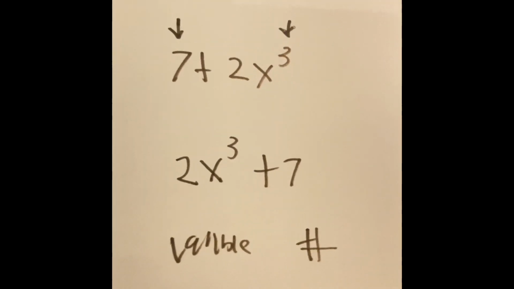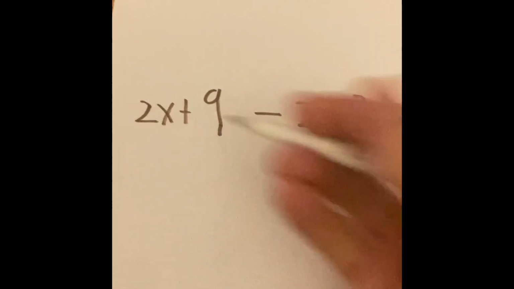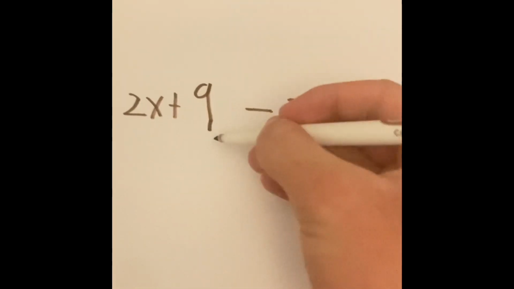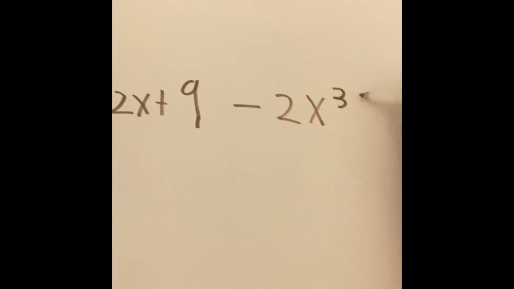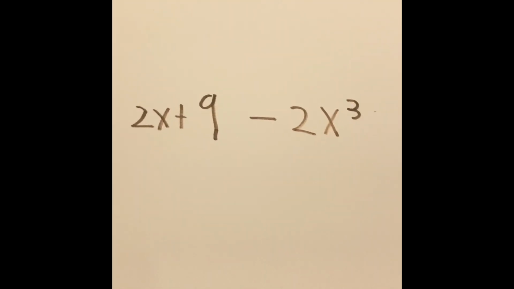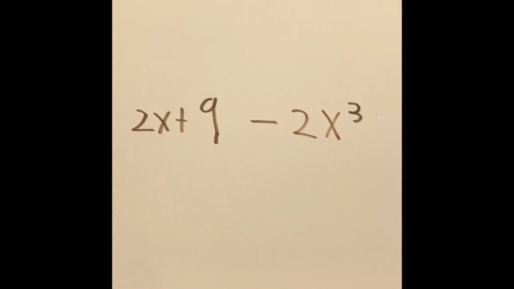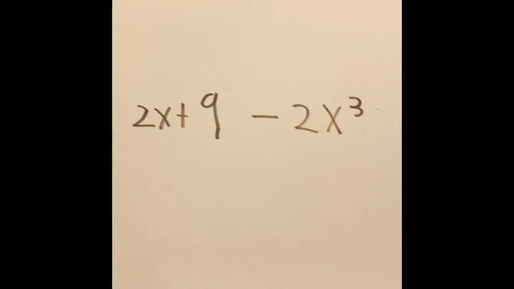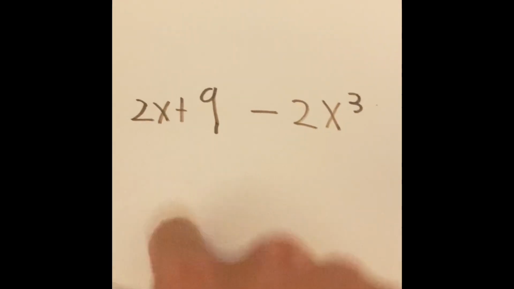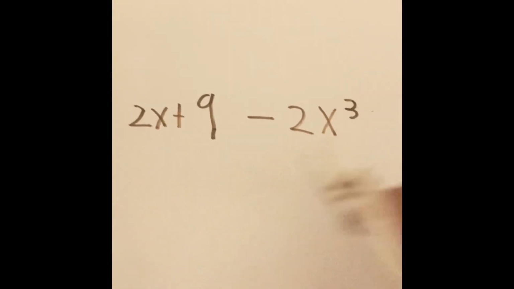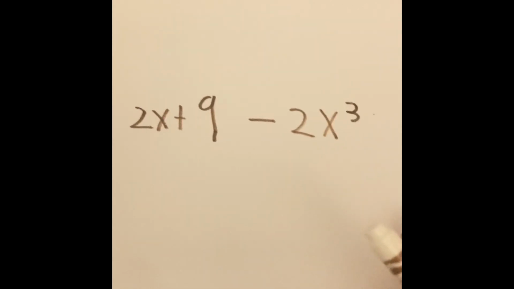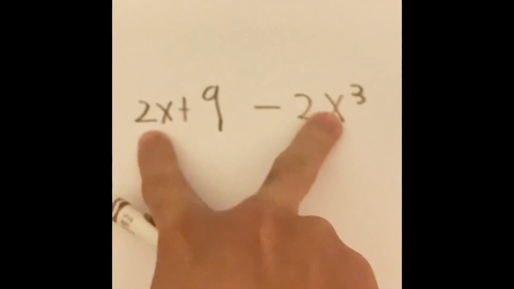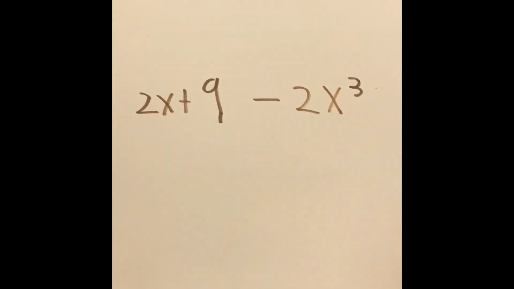Here's another example. In this example, we have 2x plus 9 minus 2x cubed. What we want to do is rearrange the problem, and since in the last one we had the variable first and the number second, the problem here is that there are two variables. So which one do we do first?